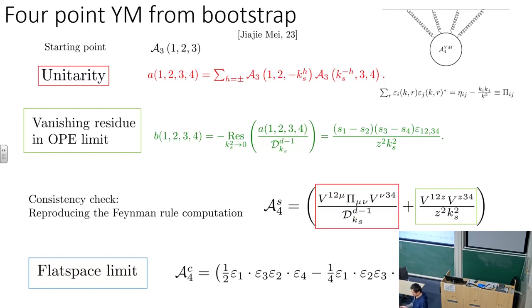We identify a blob, which is quite short, that vanishes in the flat space limit. We compute a given helicity configuration for this amplitude and found that it can simplify a bit.